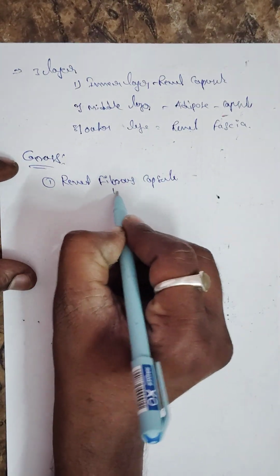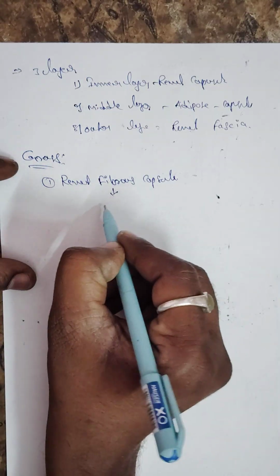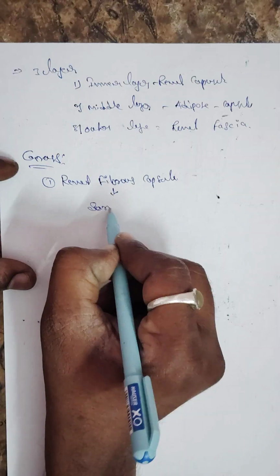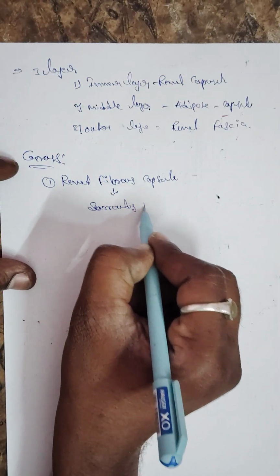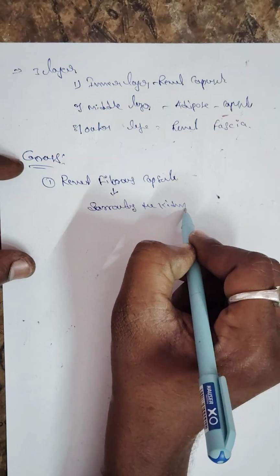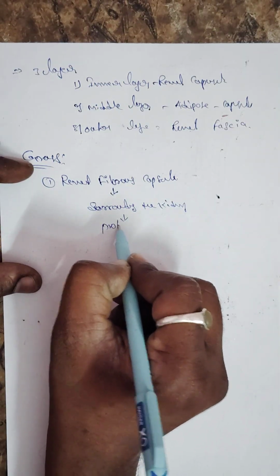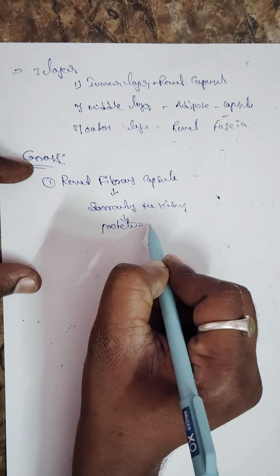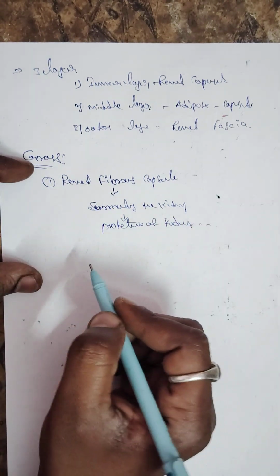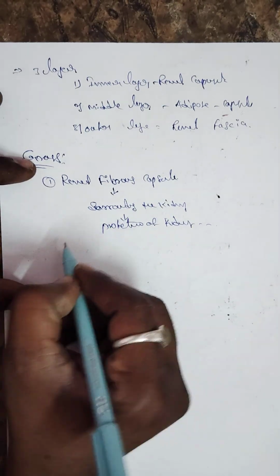It surrounds the kidney, and it is involved in the protection of the kidney from environmental issues.